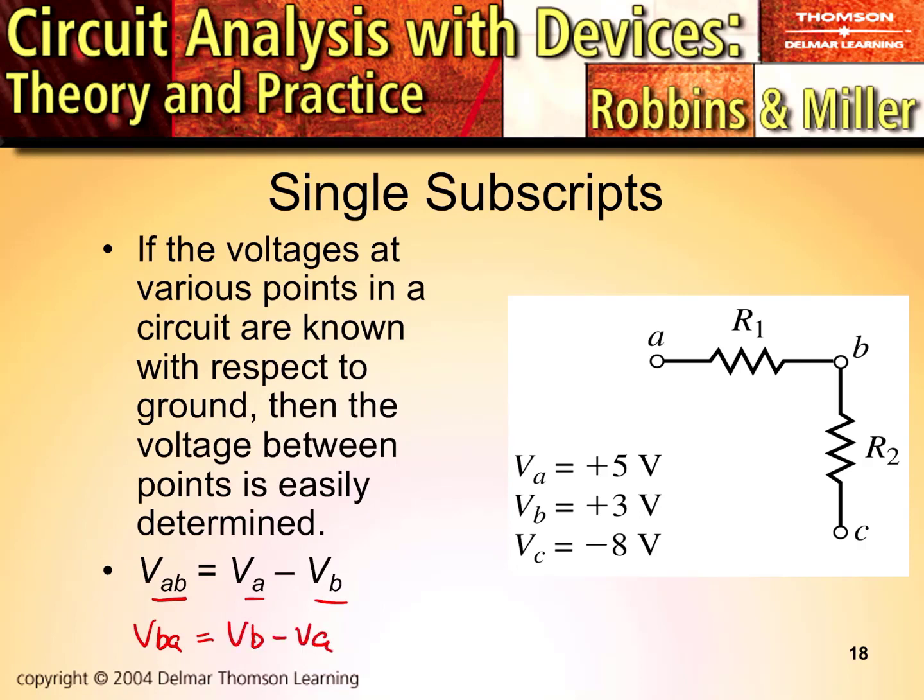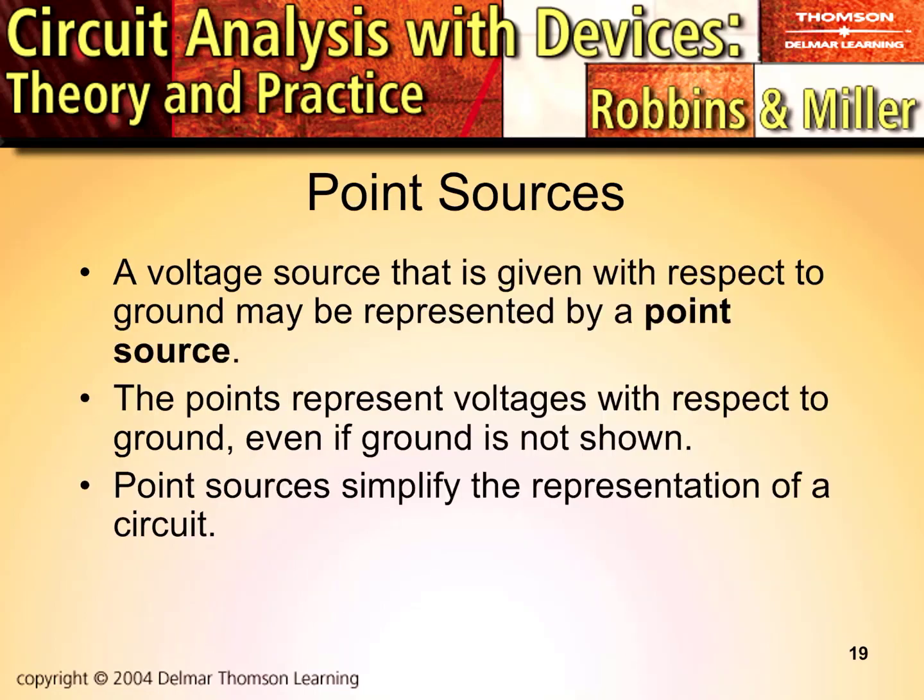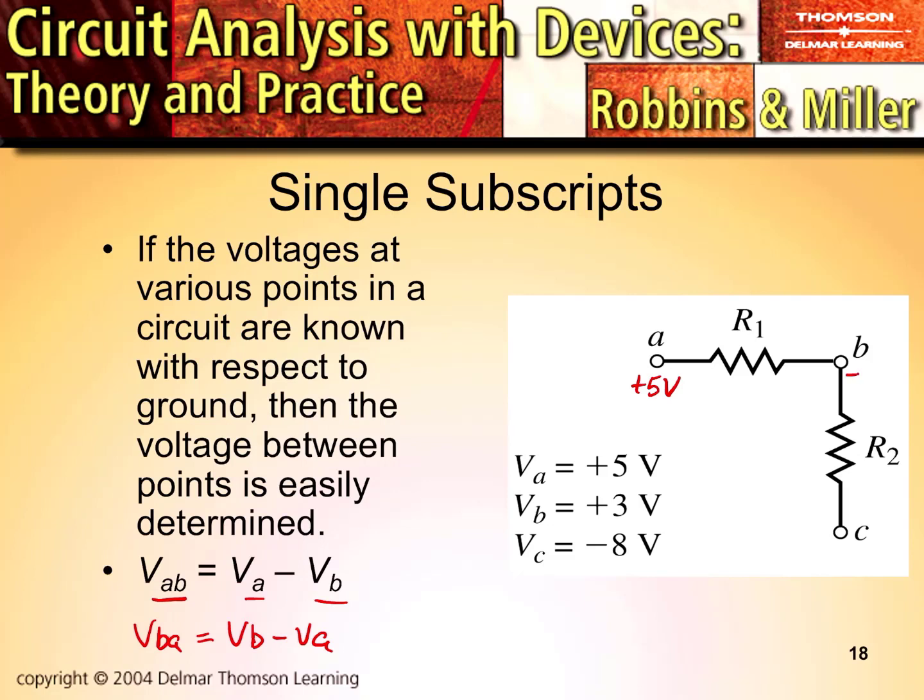There's a difference. Okay? So if we look here, we can assign these points on this diagram. A is plus 5 volts. B is plus 3 volts. And C is minus 8 volts. Those are single subscript values. So there is somewhere a reference to ground for this example, and we have what are called point values or single subscript values for voltage.